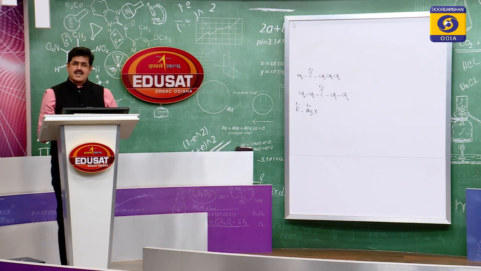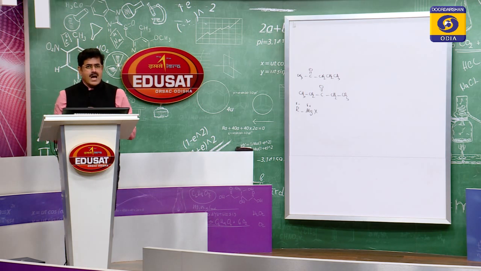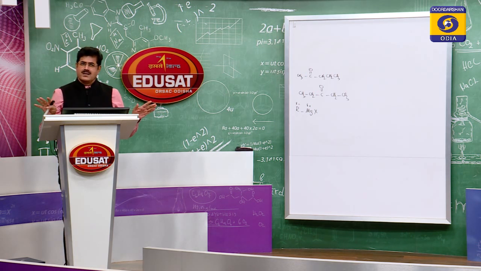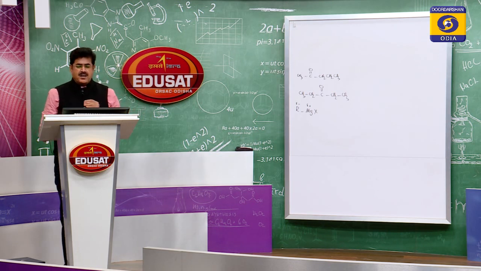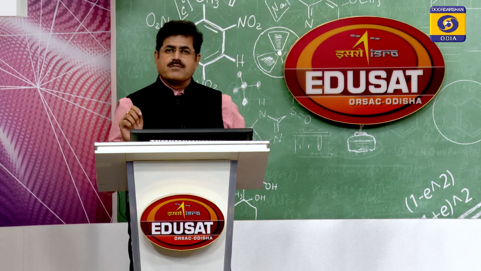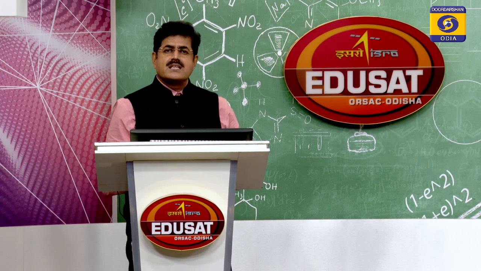Students, addition of Grignard reagents to aldehydes and ketones results in alcohols. Grignard reagent is highly reactive, so this reaction is irreversible.